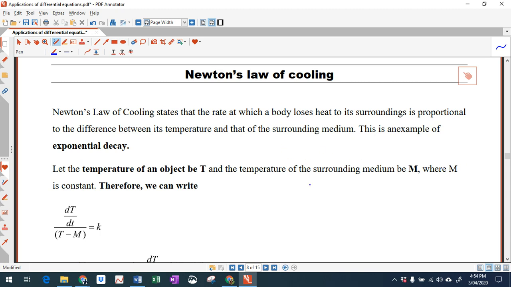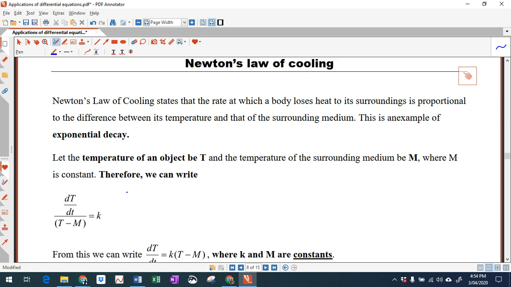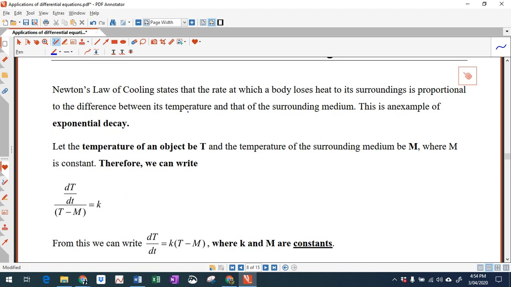All right, so first of all, let the temperature of the object be T and the temperature of the surrounding medium be M, where M is constant. For example, like room temperature. So if we're going to say that the rate of change is proportional to the difference, right?